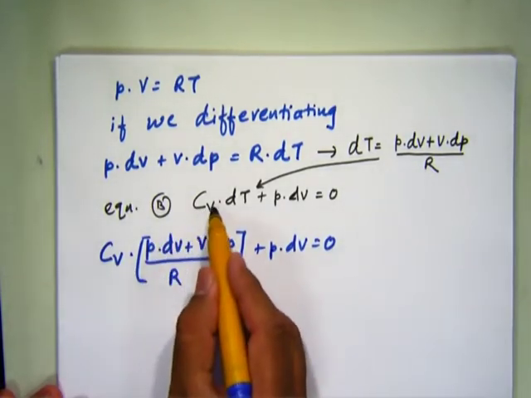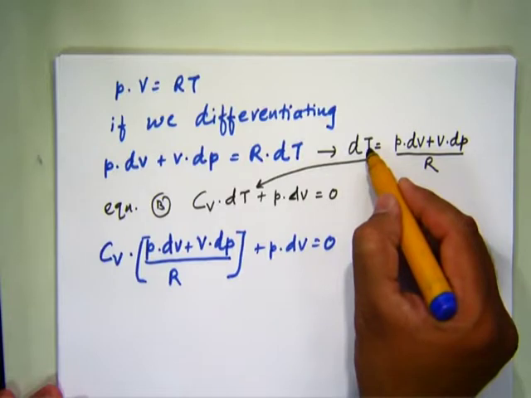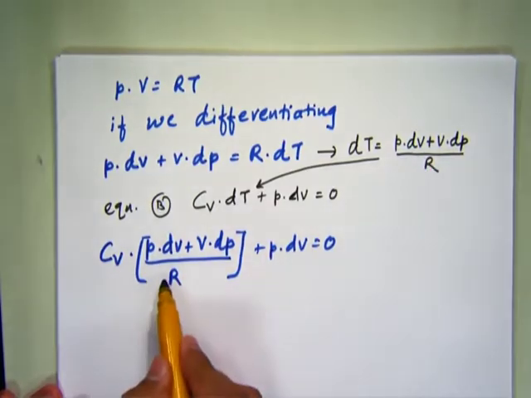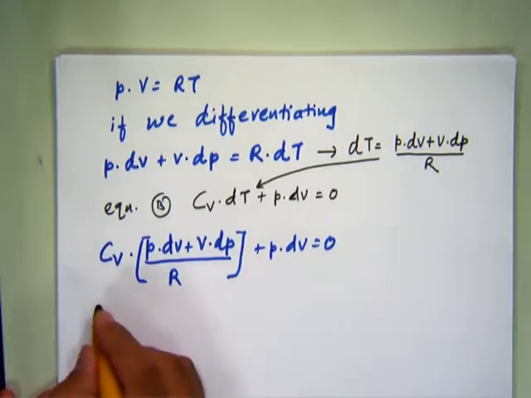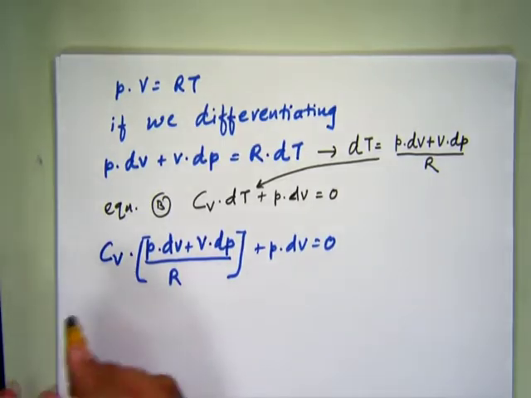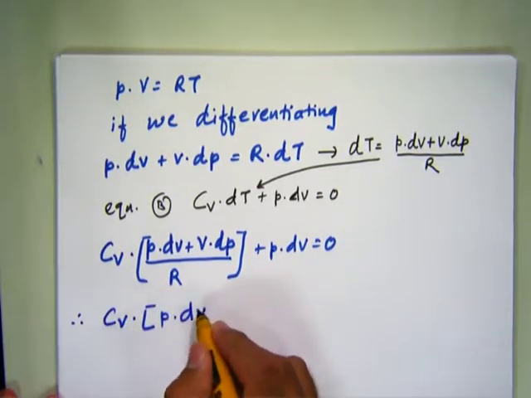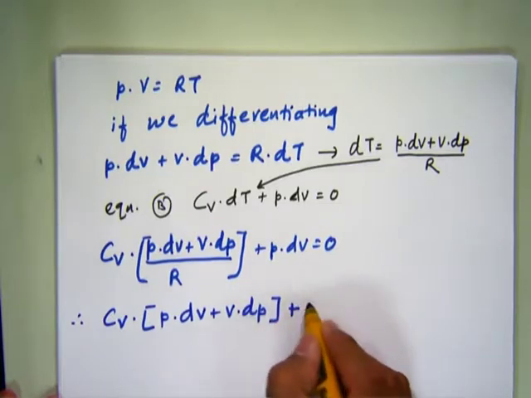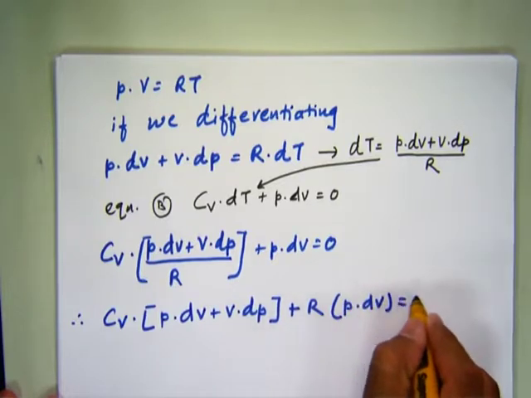In equation B, Cv into dT, instead of dT we are substituting the value of dT which we have derived, that is P into dV plus V into dP upon R. Simplifying, therefore Cv into (P dV plus V dP) plus R multiplied by P dV is equal to 0.